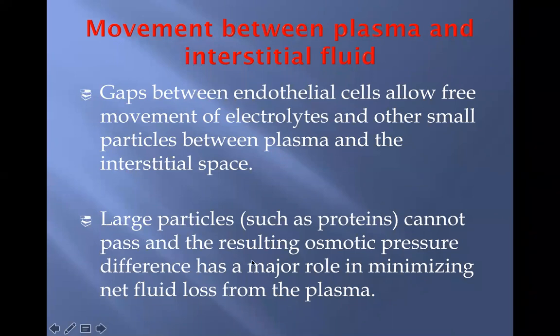So the protein cannot pass, and the result of this non-passing of protein and pressure difference between the two compartments, we call it osmotic pressure or oncotic pressure, which is here regarded as an added factor to control the movement between intravascular and interstitial compartment.